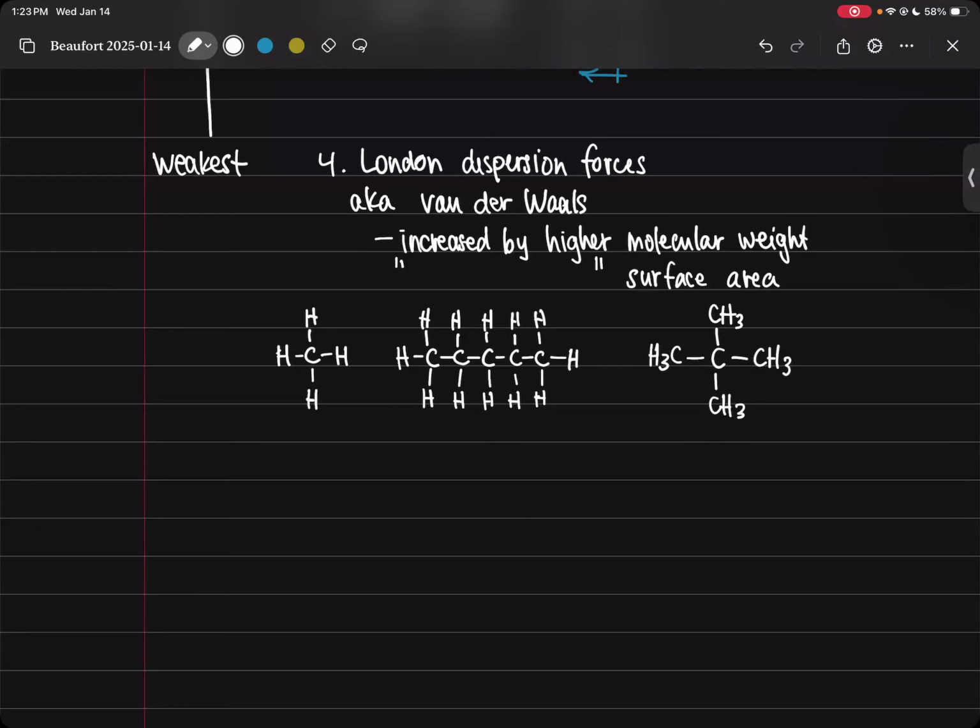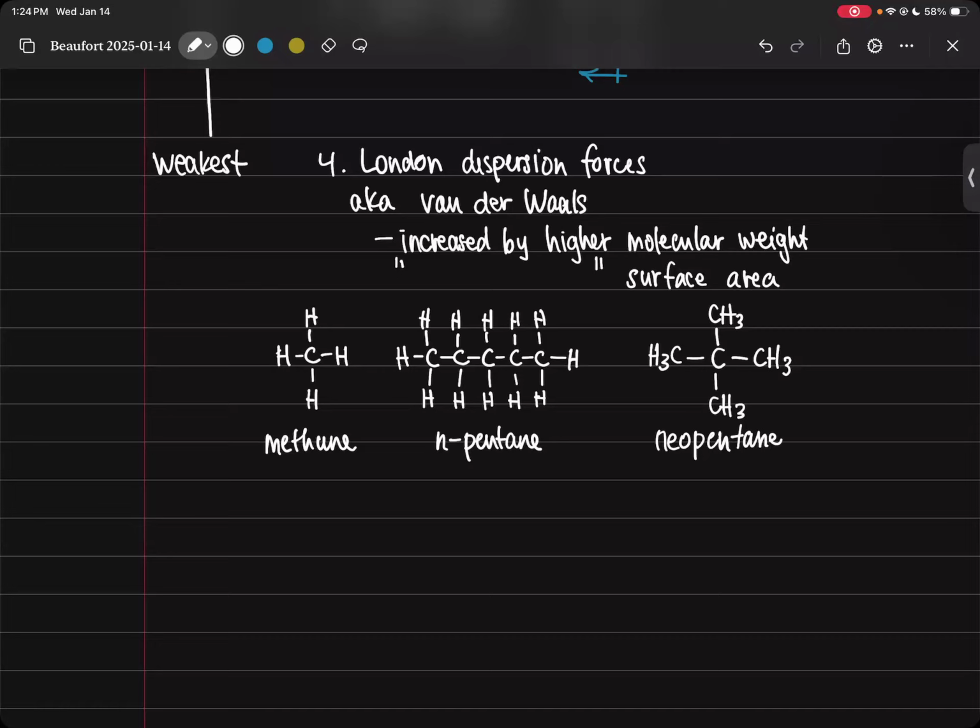Round, relatively speaking. Methane, pentane, and the coolest name ever, neopentane.